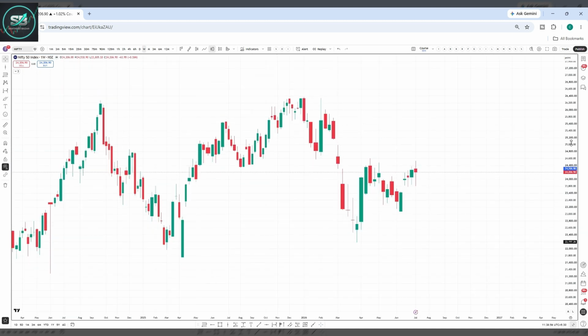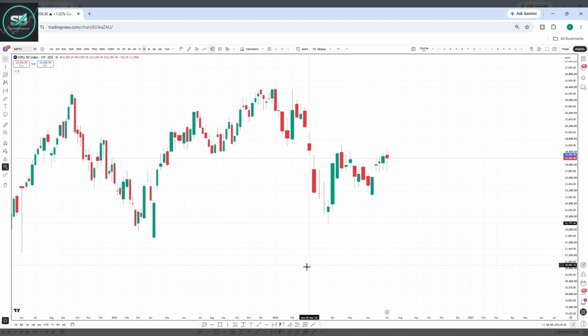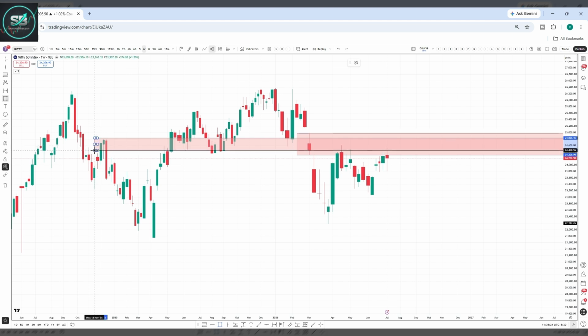Long back I clearly mentioned, here we have a supply candle. This is a supply zone because this is a drop base drop. When it broke a structure, it created a supply zone. What is this structure? Earlier Nifty was taking support continuously in this zone. This is the breakout zone, and here Nifty was taking support.